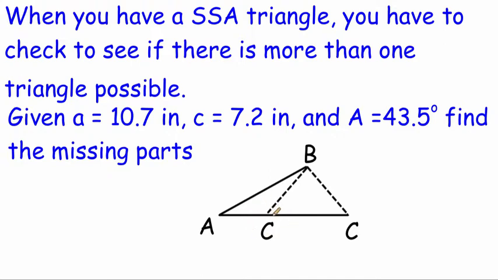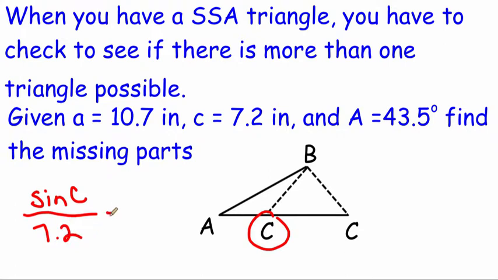So the first thing we're going to do is set this up and solve for the sine of C. So I'm going to set my equation up, and I get the sine of C over 7.2 equals the sine of A, but angle A is 43.5 degrees, over side A, which is 10.7.